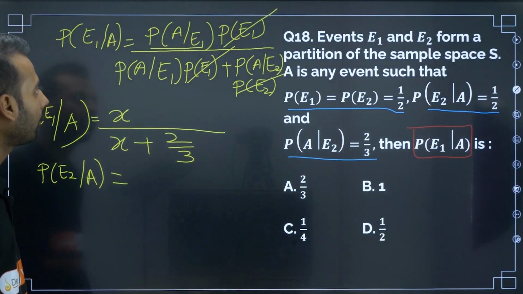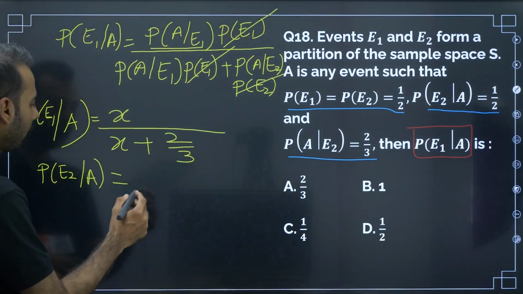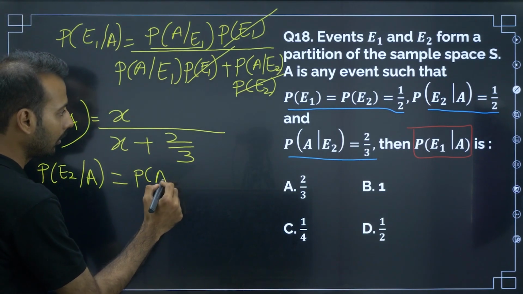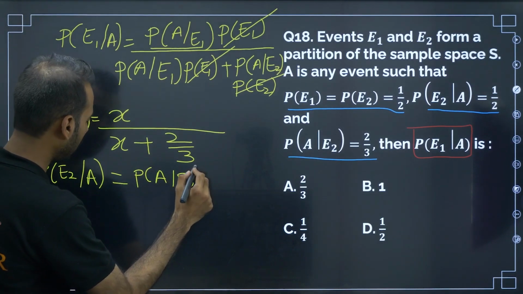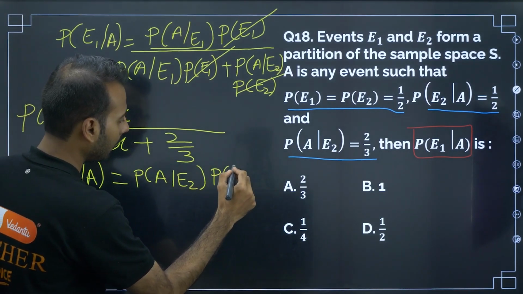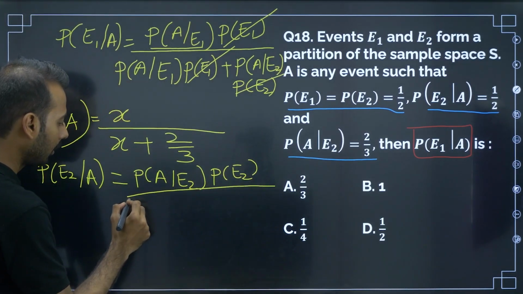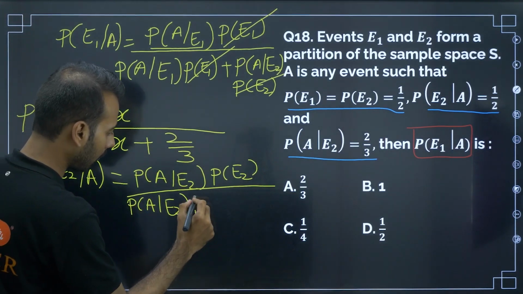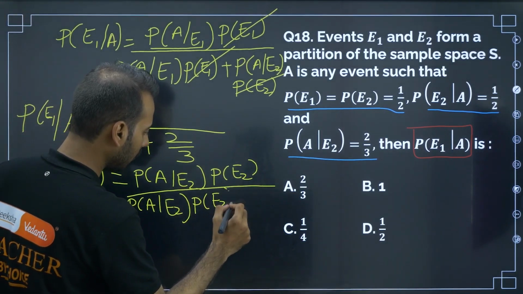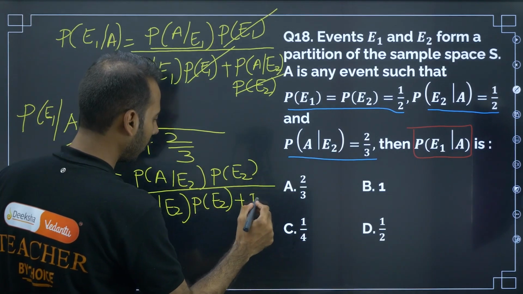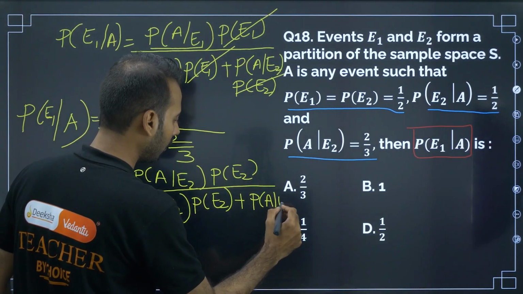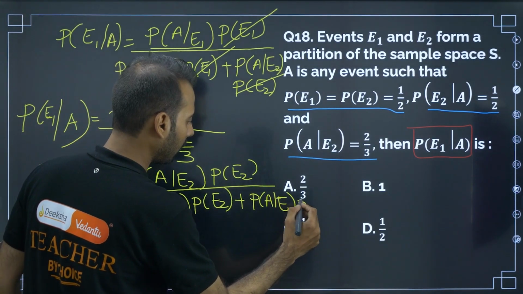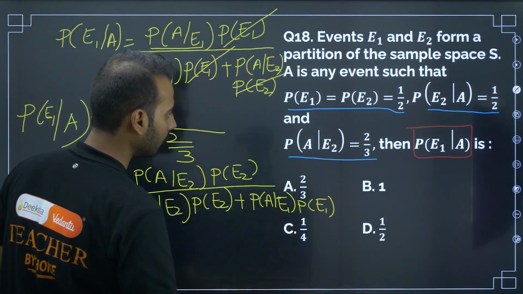E2 given A can be written as A given E2 dot probability of E2, divided by A given E2 dot probability of E2 plus probability of A given E1 dot probability of E1.